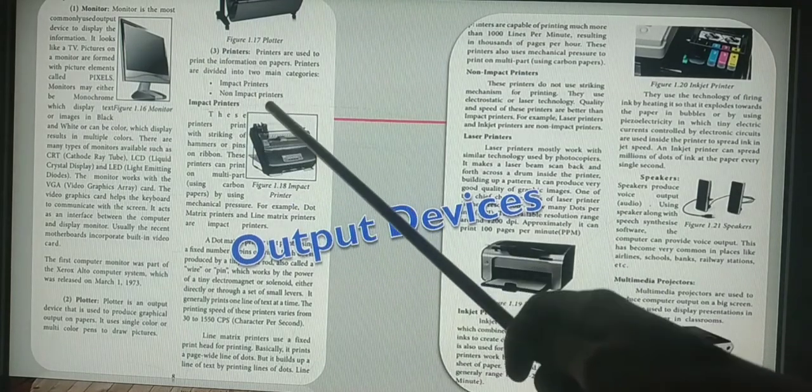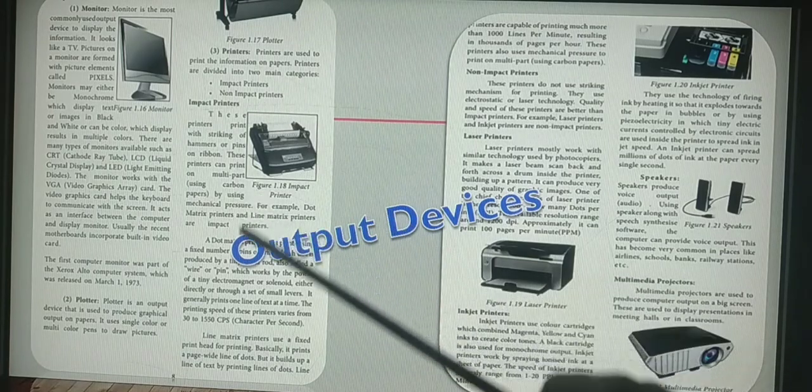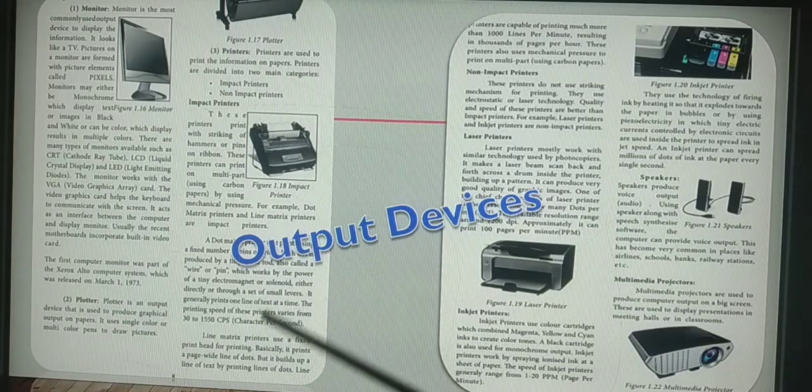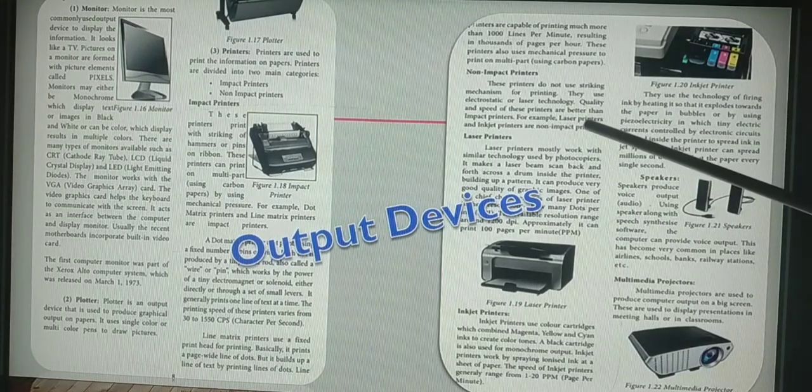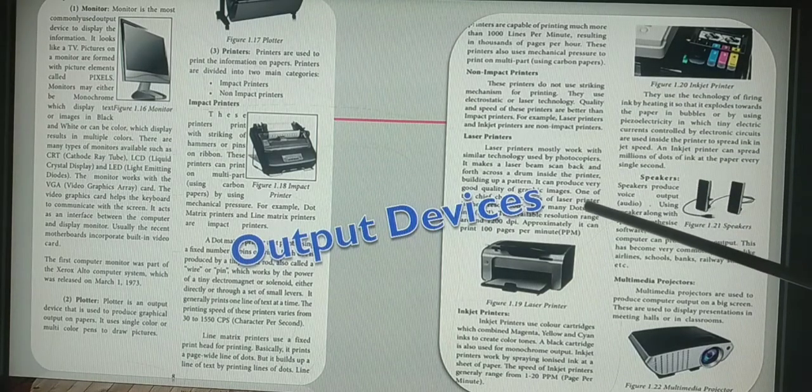Then you have to write the 2 main categories, explain impact printers along with the example explanation, then non-impact printers, write down the laser printer and inkjet printer, and till here you have to write down. It is a separate 5 mark question. If printers is asked as a separate 5 mark question, you have to proceed like this.